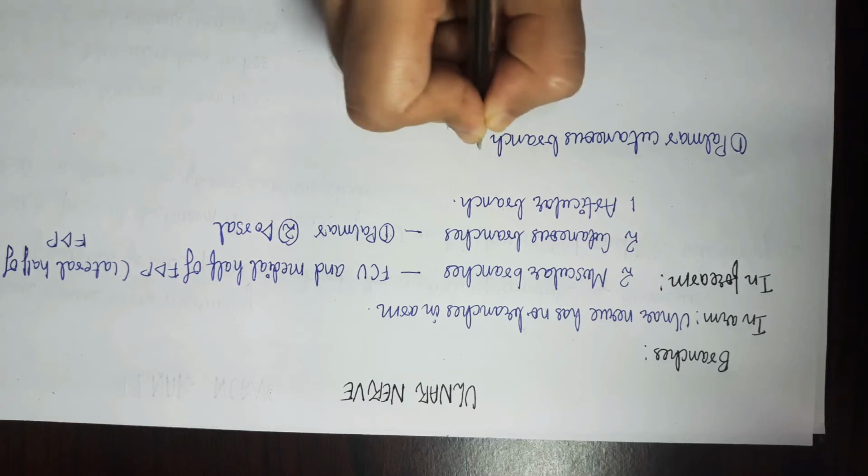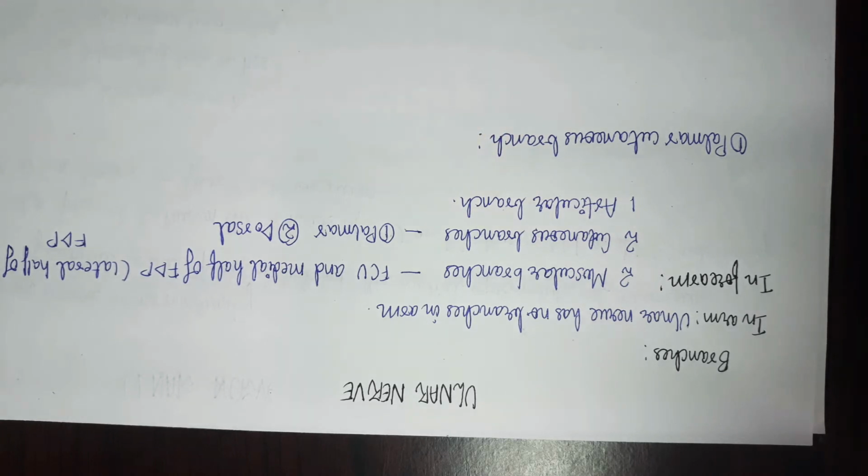Palmar cutaneous branch: it passes above the flexor retinaculum and supplies the skin of the hypothenar eminence. As the ulnar nerve is present medially, this is the hypothenar eminence and this is the thenar eminence.